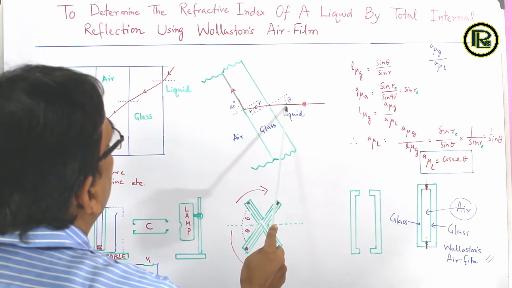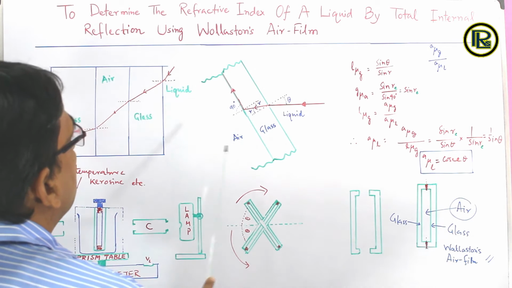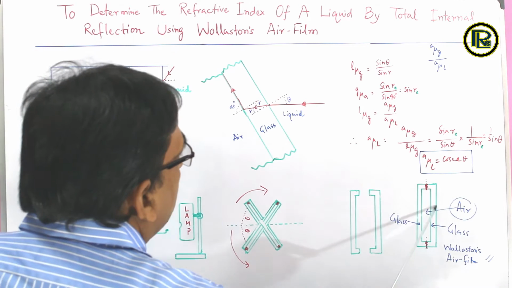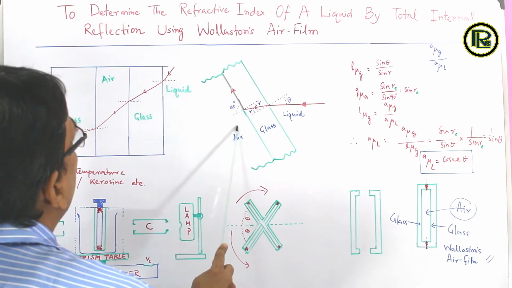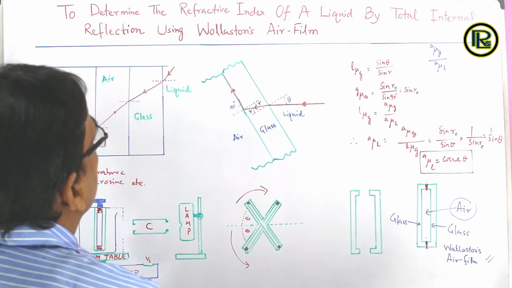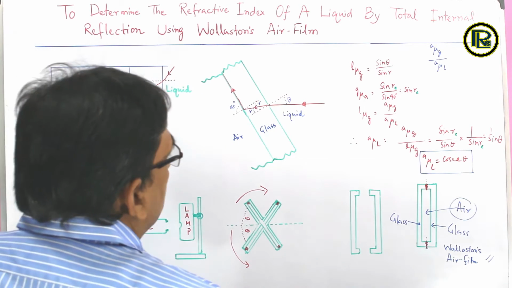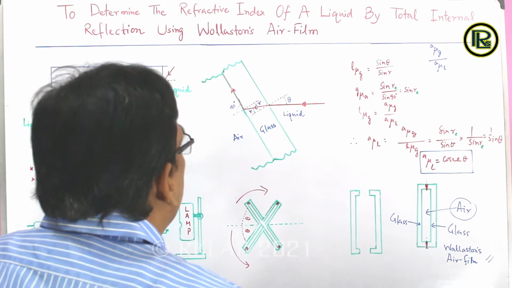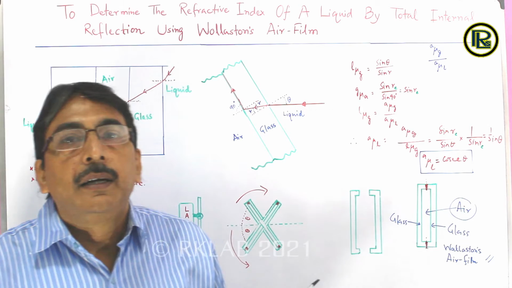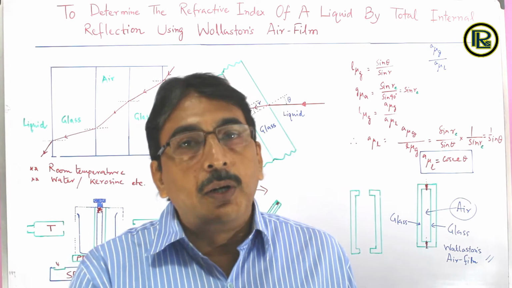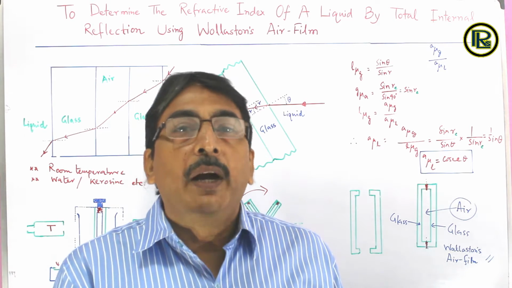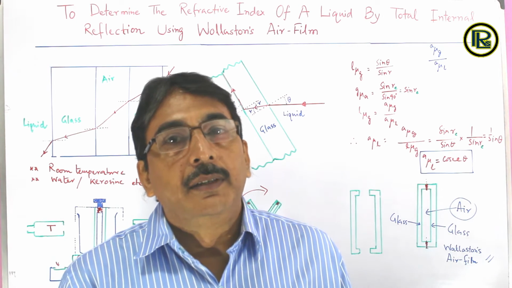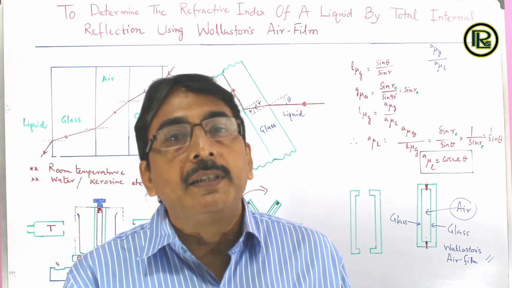We have the experimental liquid here, then we have the glass boundary, and then we have the trapped air film here. For our experiment, the experimental liquid can be water or salted water or white kerosene, etc. So it should be a transparent liquid. Then only the refractive index can be measured.